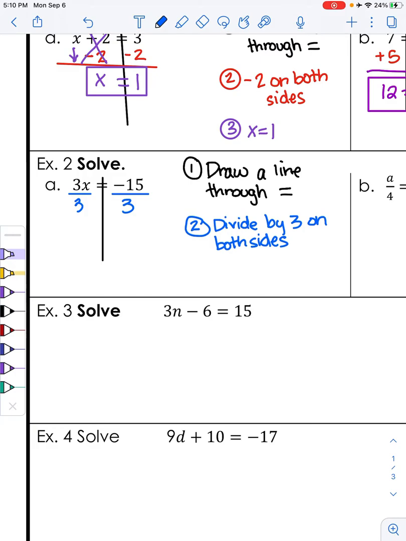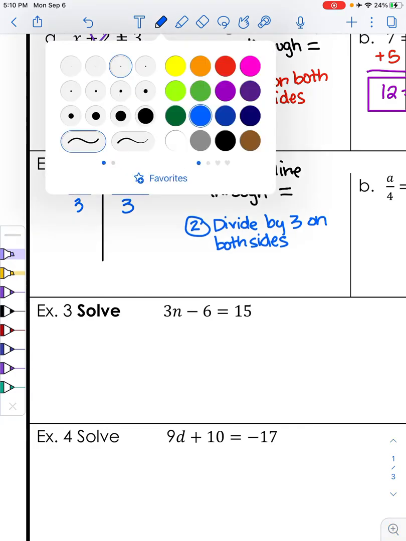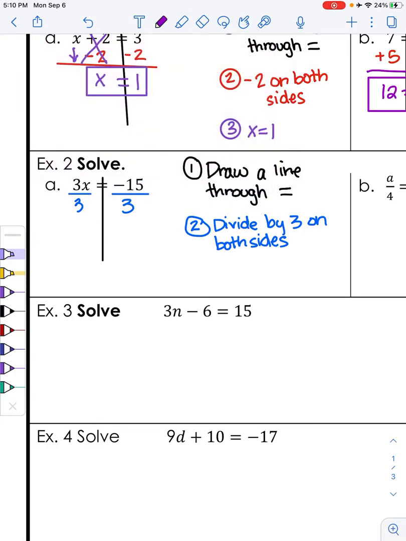We often show dividing by the fraction line. Now I can simplify. 3x divided by 3 is just x. Negative 15 divided by 3 is negative 5. So step 3, x equals negative 5.